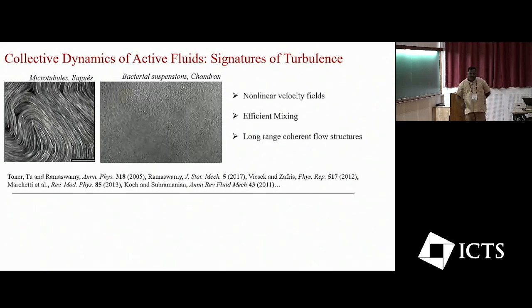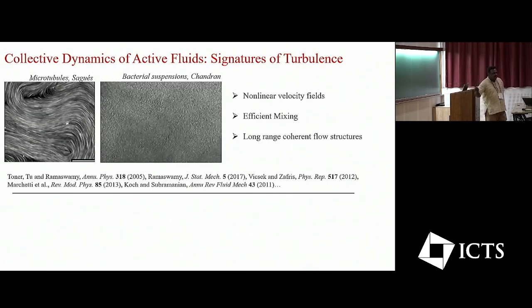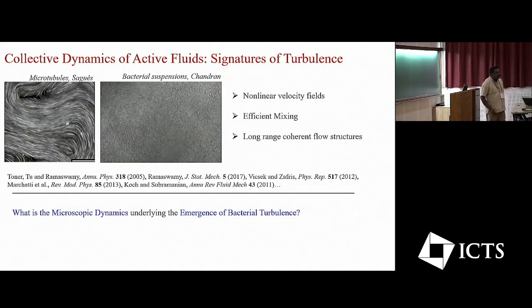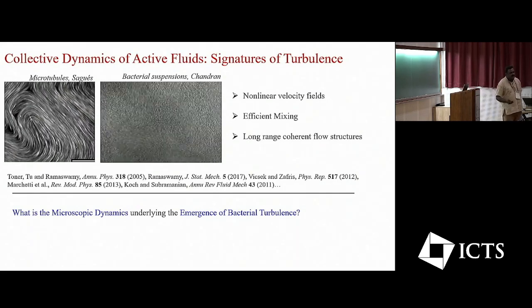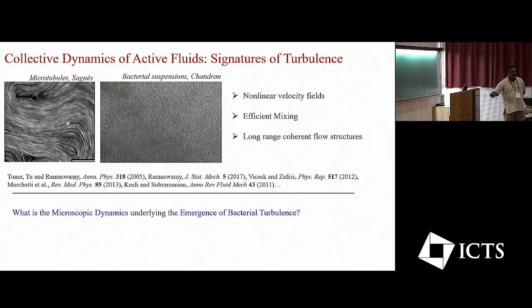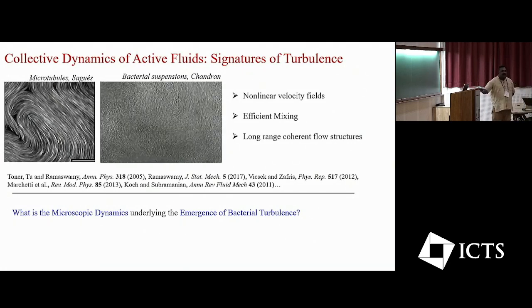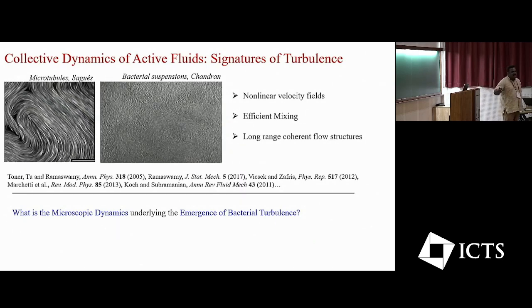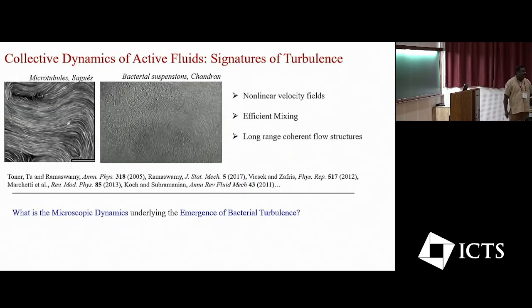Given this background, what we were asking is what is the microscopic dynamics underlying the emergence of such bacterial turbulence. When you have high densities, you start seeing the collective flow structures. So how do they emerge, and what is the microscopic dynamics relevant for that?